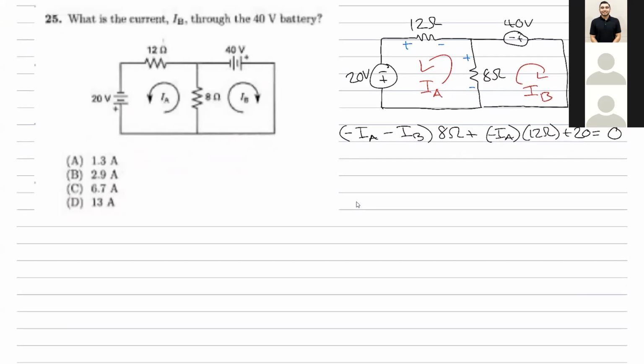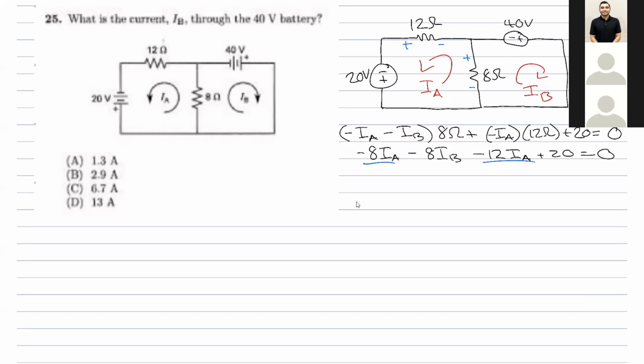So if we solve this out, we're going to keep simplifying because we have 2 of the same right here.